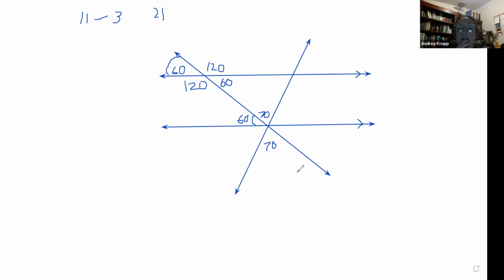I'm not following you. So the interior 70, that you got number 9, wouldn't angle 12 be 60 as well?